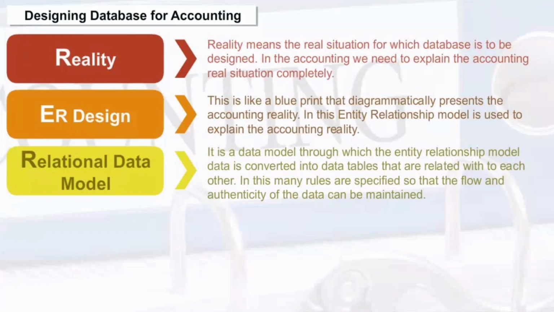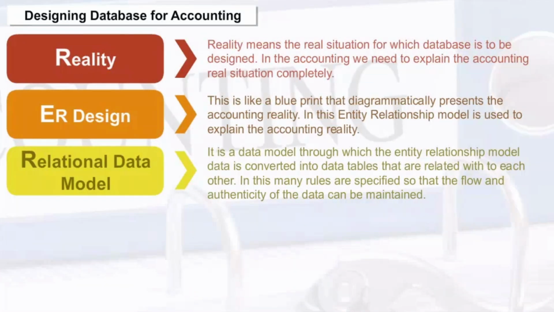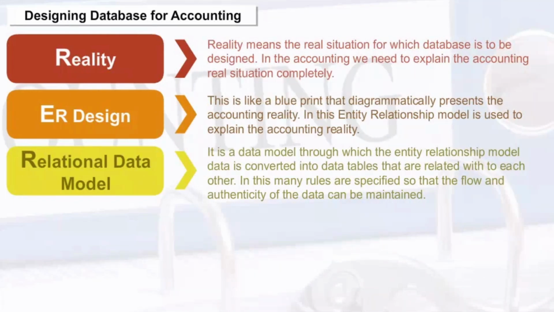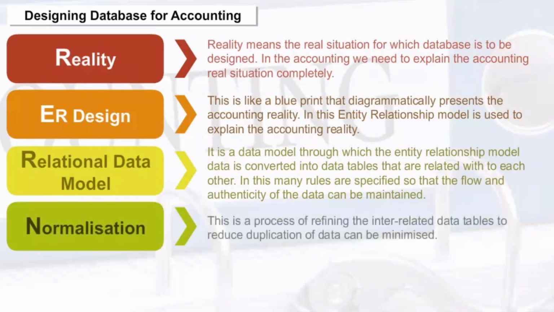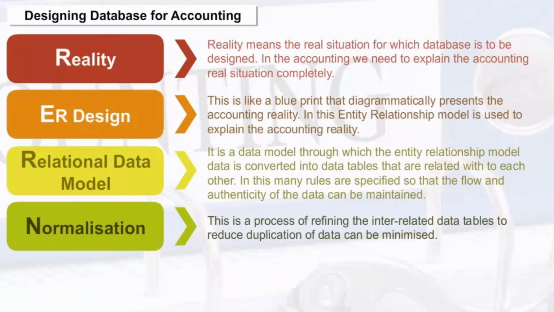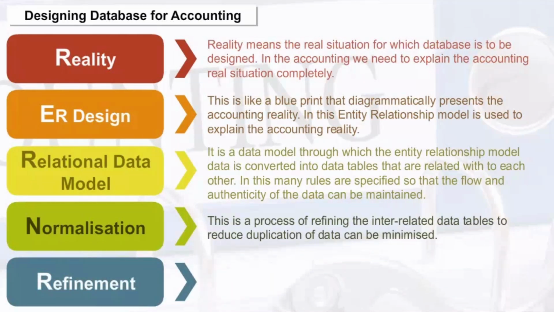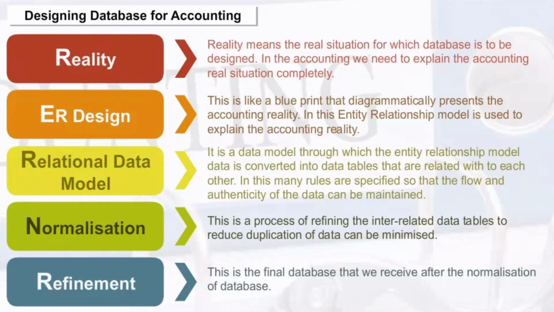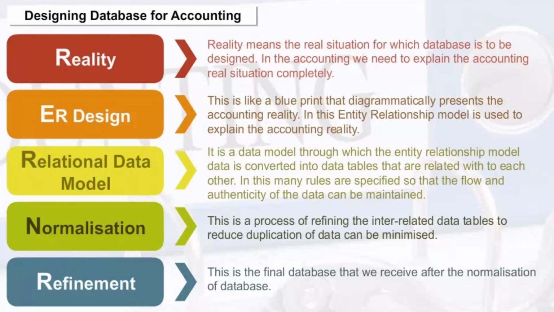In this, many rules are specified so that the flow and authenticity of the data can be maintained. Normalization. This is a process of refining the interrelated data tables so that duplication of data can be minimized. Refinement. This is the final database that we receive after the normalization of the database.